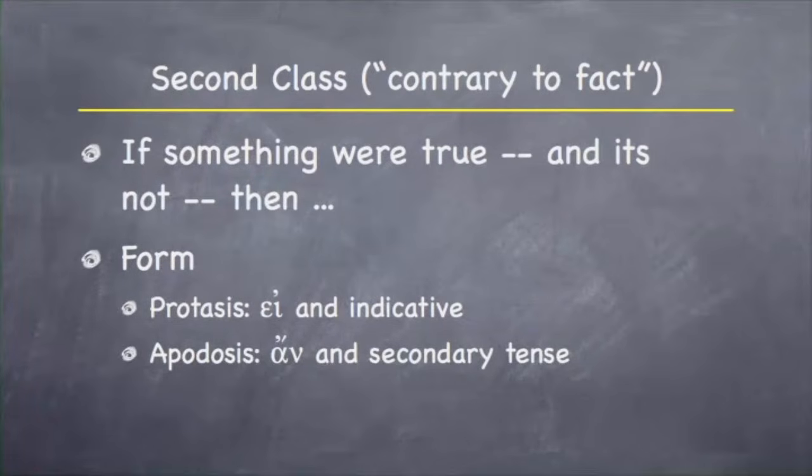And the structure changes a little bit with second-class conditions. In the protasis, you still have εἰ with an indicative verb. But in the apodosis, not always, but normally, you're going to have ἄν, alpha nu, with a secondary tense verb. Okay? So that's the grammatical, the contextual clue that we're not in a first class, but rather we're in a second class conditional sentence. Take, for example, what Paul told the Corinthians.